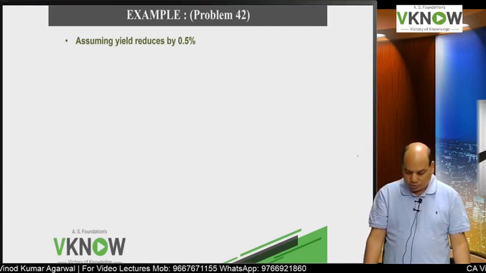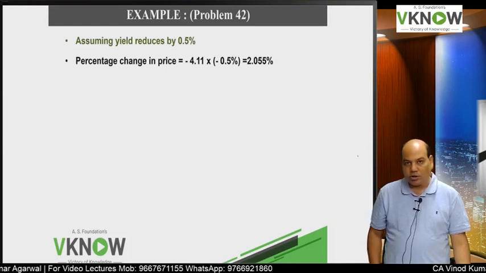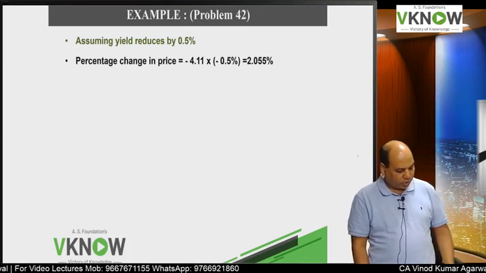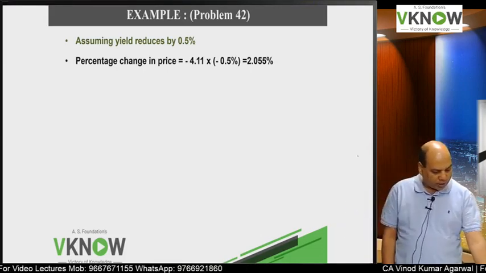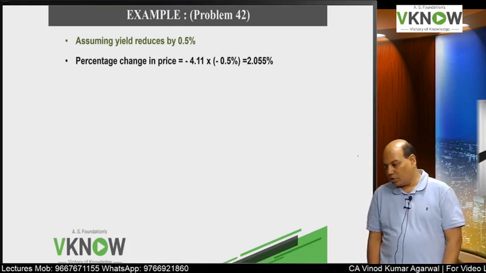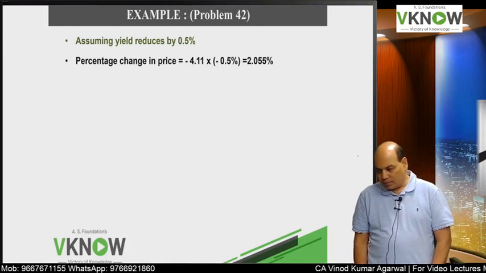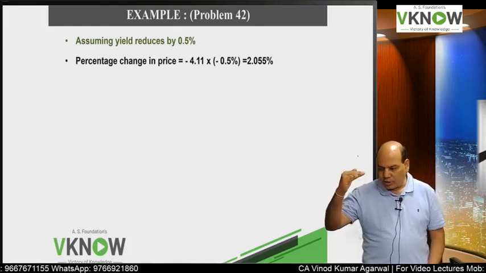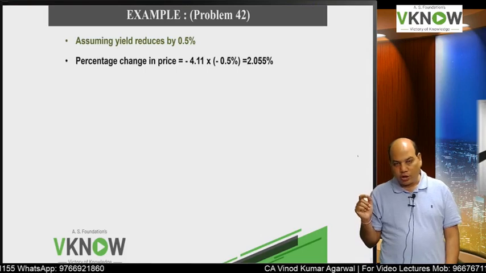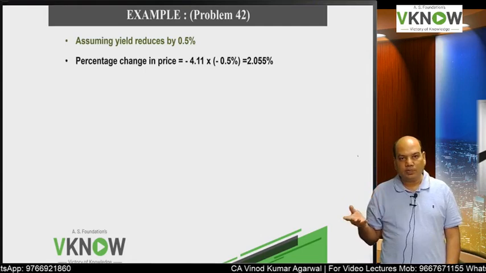Write in your notebook percentage change in bond price, or you can write in paragraph 31 also, there is some space. Percentage change in bond price is equal to, the problem says YTM reduces by 0.5, so minus 4.11 into minus 0.5. So minus minus will become plus.